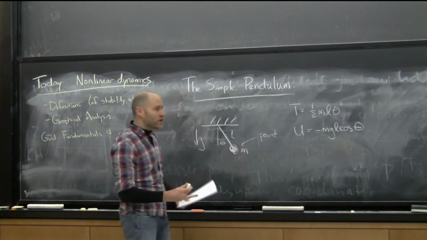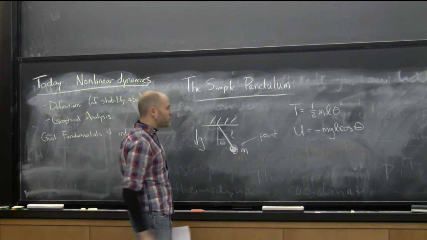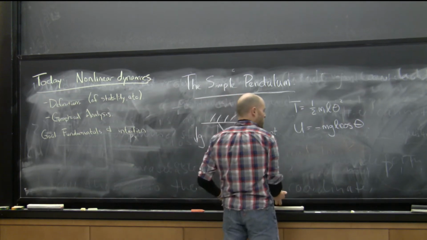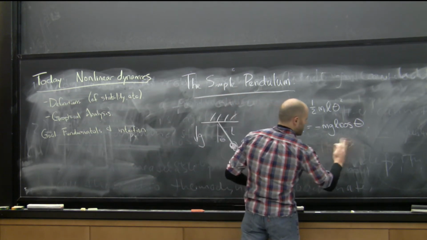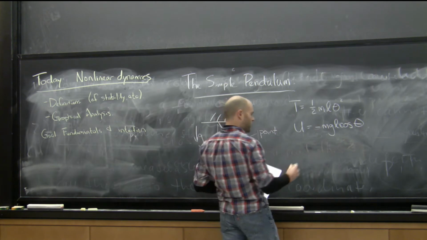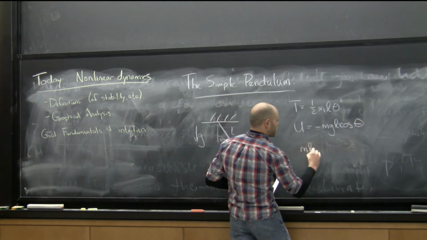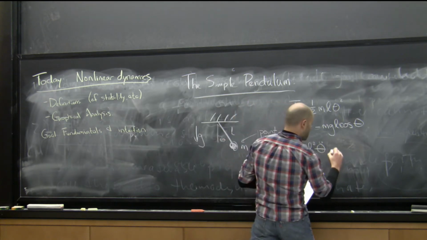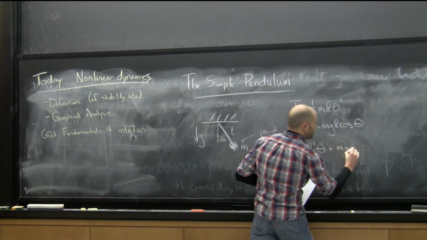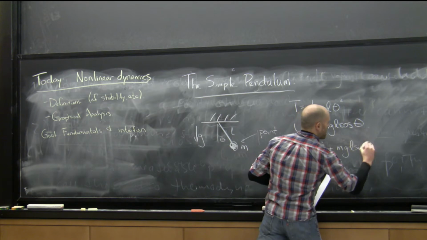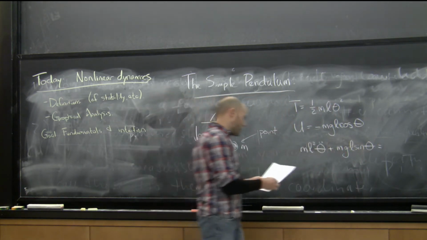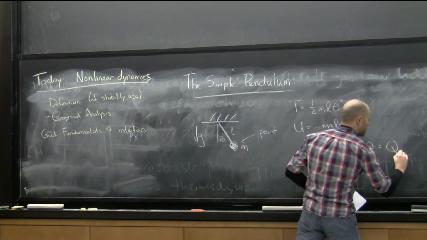Put it into the Lagrangian, take a few derivatives, and the thing that comes out is an equation that is probably familiar to you. You will certainly use it a lot today. You get out ml squared theta double dot plus mgl sine theta equals whatever our generalized forces are. So we'll call them Q for now.